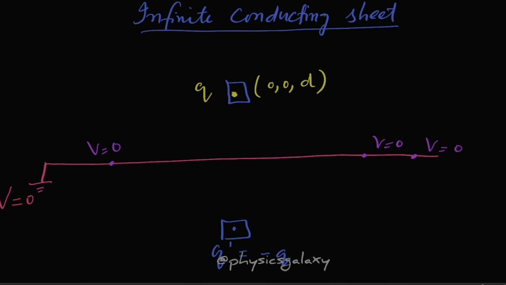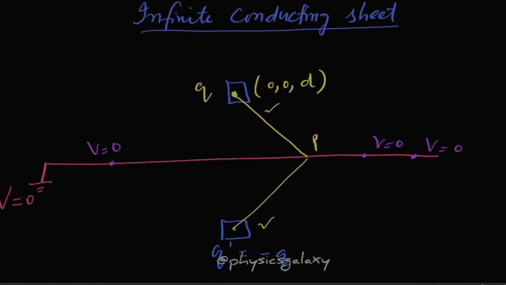Suppose this is my plus q and this is minus q. If I take any point P here, the potential due to this charge and the potential due to that charge will give me 0, because the distances are the same and the charges are opposite.